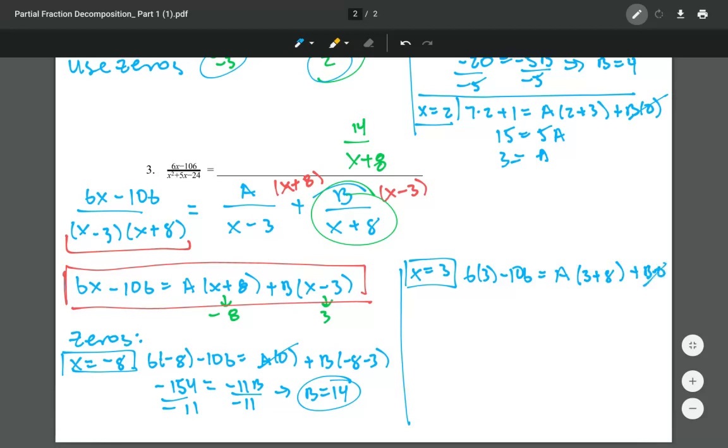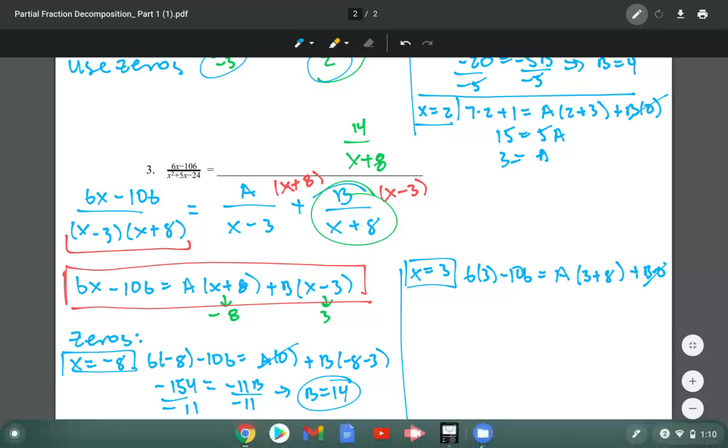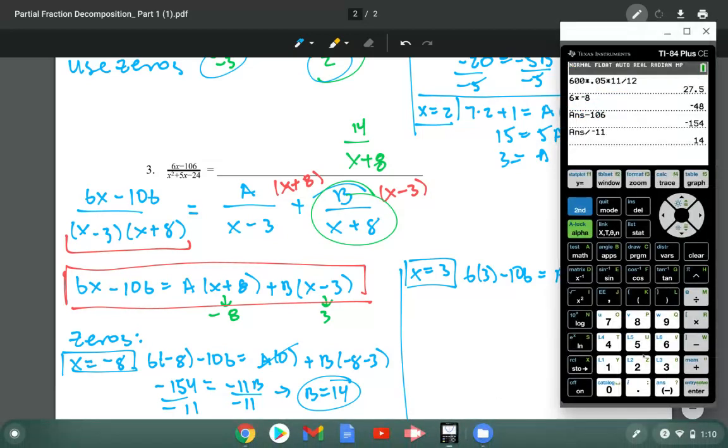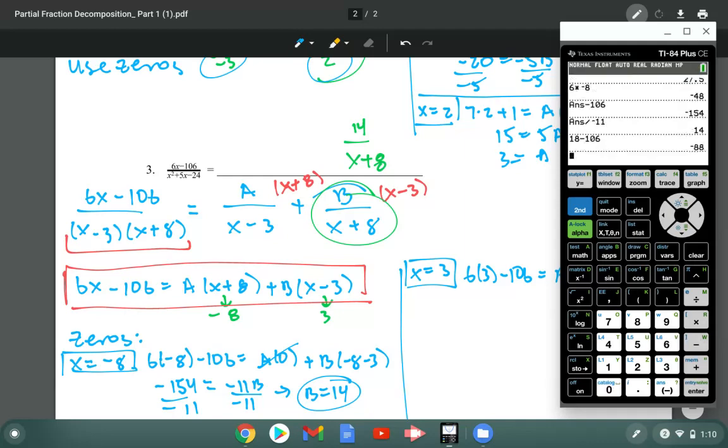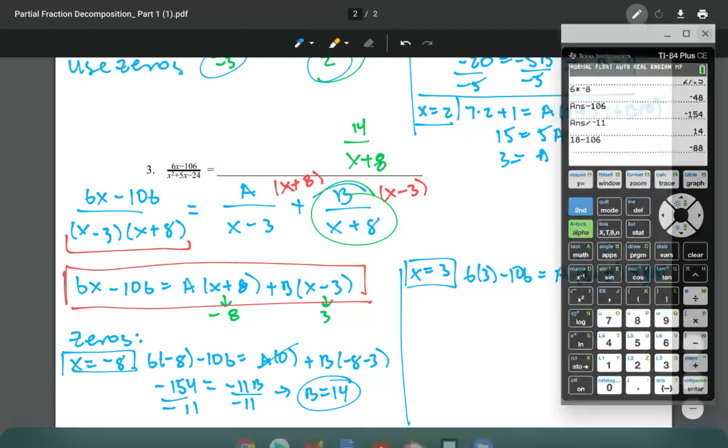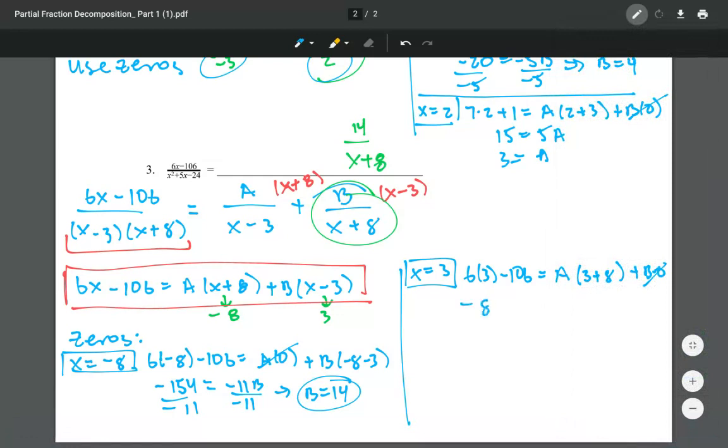Now I want 6 times 3 minus 106. 6 times 3 is 18, and 18 minus 106 is negative 88. Negative 88 is equal to 11a.